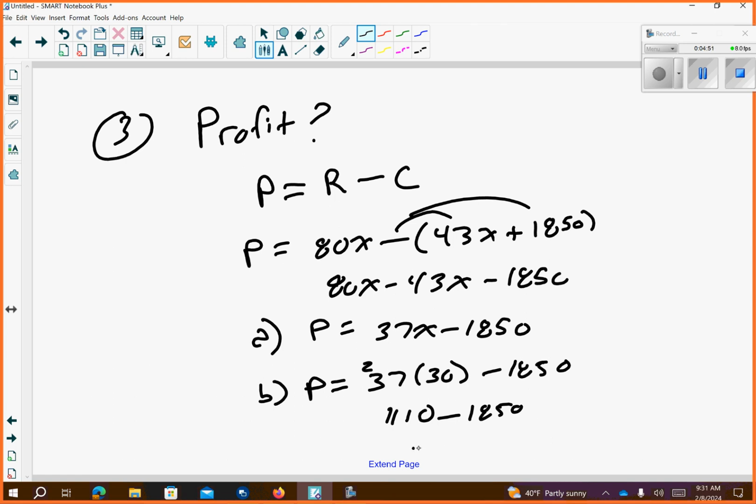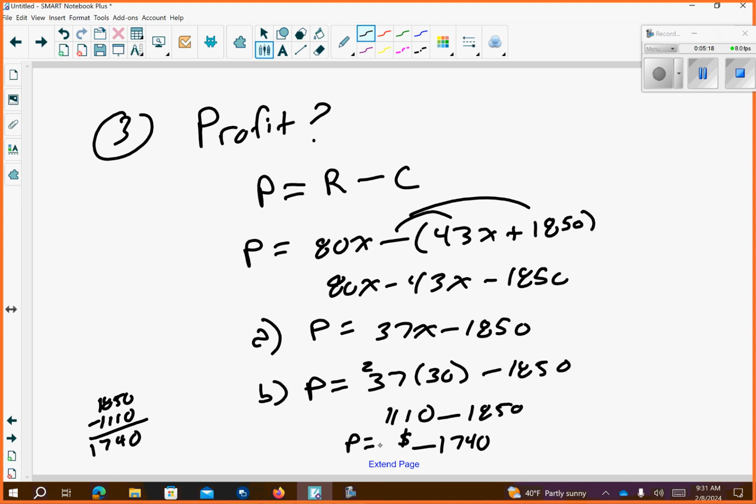So friends, what's the problem with this picture? 1850 minus 1,110, and hopefully my math is right. 5 minus 1 is 4. What's wrong with this profit? Yeah, they've got to figure out something to do, right?